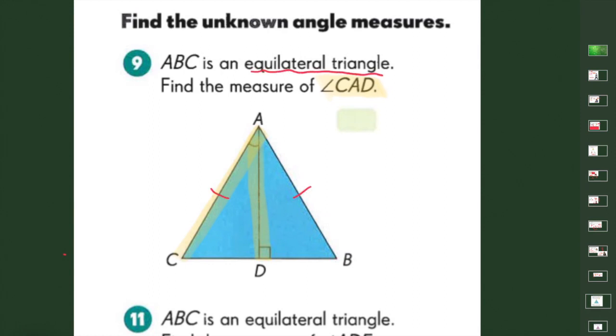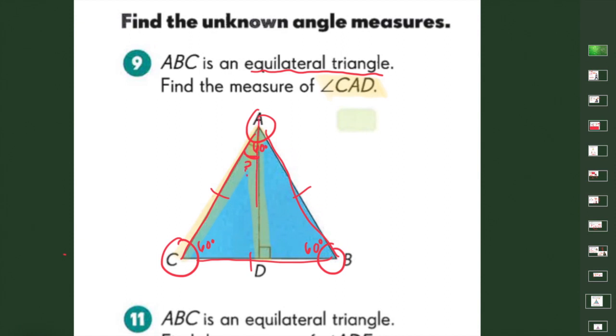First, we know it's an equilateral triangle, ABC. So this outer triangle, ABC, is an equilateral triangle, telling us that each angle measure is going to be 60 degrees. And so how are we going to use that to help us figure out this missing angle?